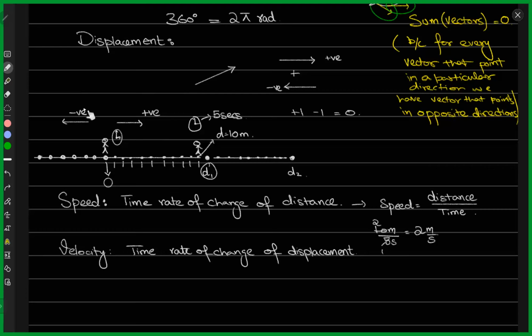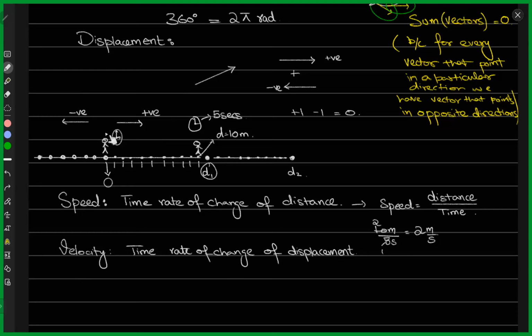Now, if you care about whether you're moving to the left, then you can differentiate between the two by using signs: positive for right and negative for left. Again, these are not special. You could have assigned it the other way around as well. So in that case, what we are talking about is velocity. How fast is the displacement changing?